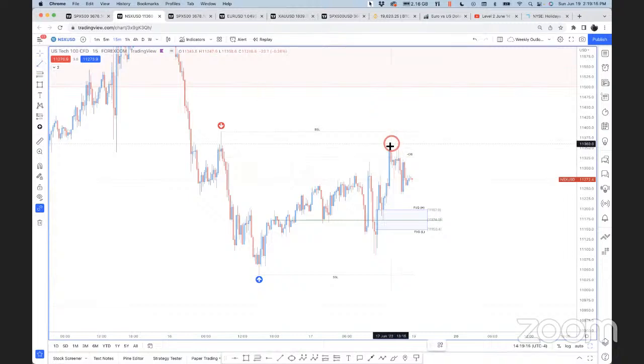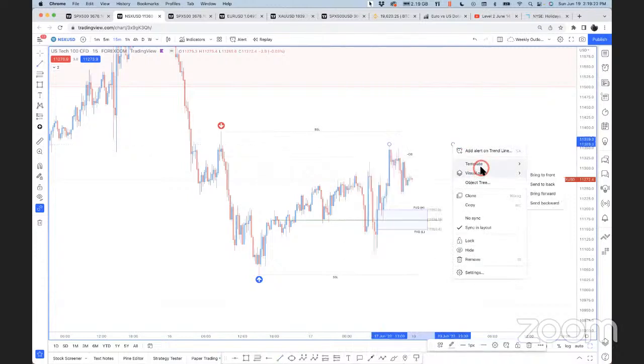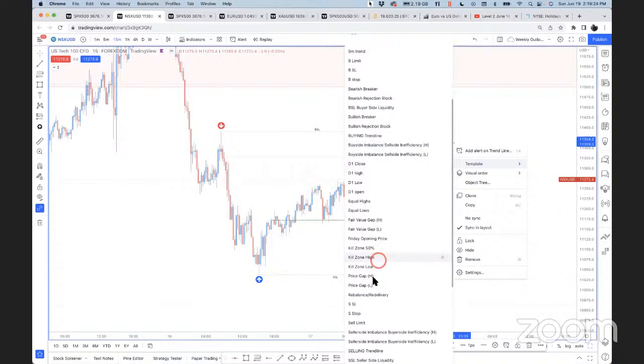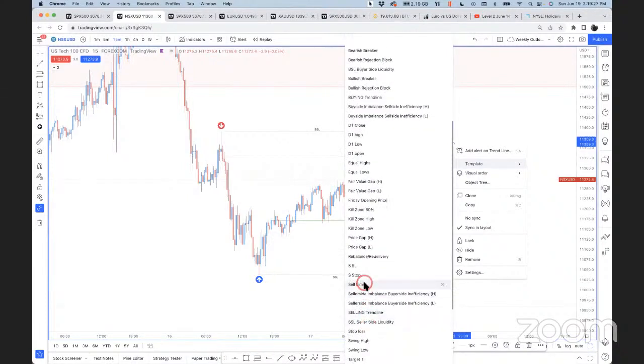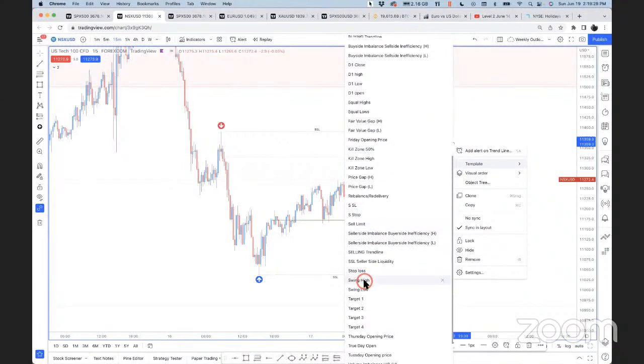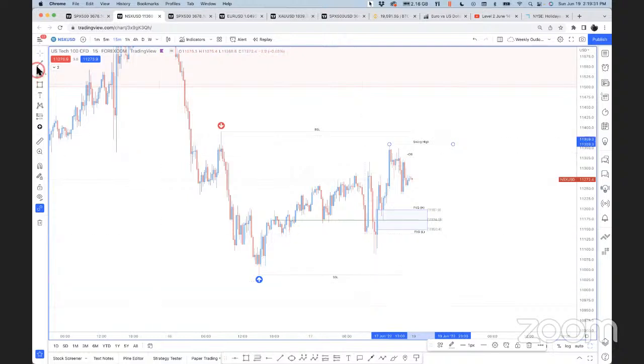We got a swing high here, and then we got this swing low right here.